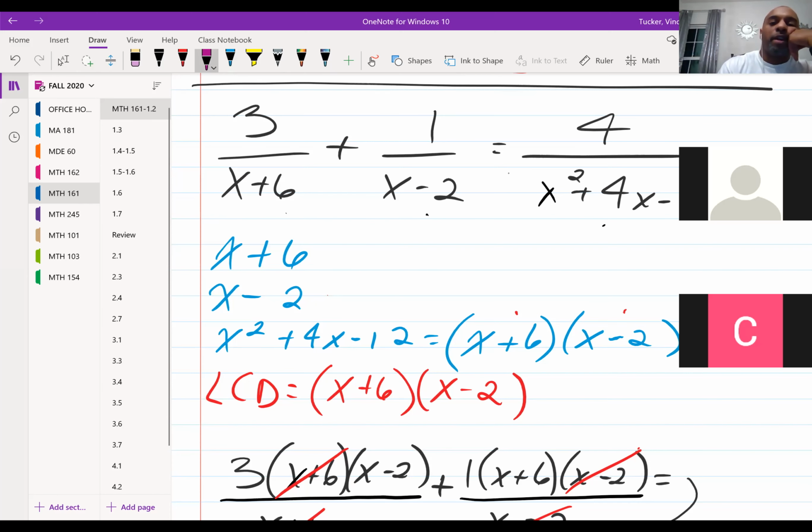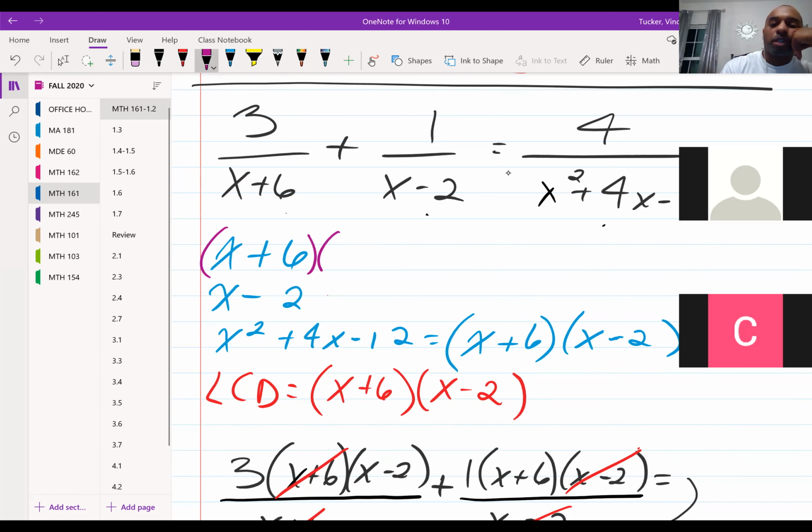If you were to factor that, we see that it comes out to give us x plus 6, x minus 2, which is a combination of each one of these denominators. So since that is the case, x plus 6 times x minus 2 will be our LCD. Every different quantity needs to be represented in your LCD.